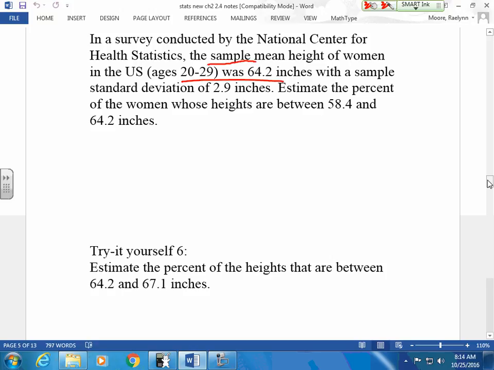This says sample. So sample, do I use an X bar or a mu? Think of that chart you wrote in your notes yesterday. Which one represents my sample? X bar or mu? X bar. With a sample standard deviation. Which one represents sample standard deviation? Sx or sigma x? Sx.